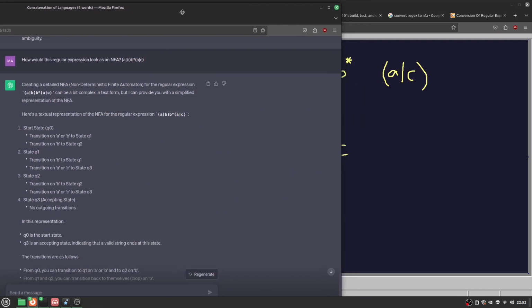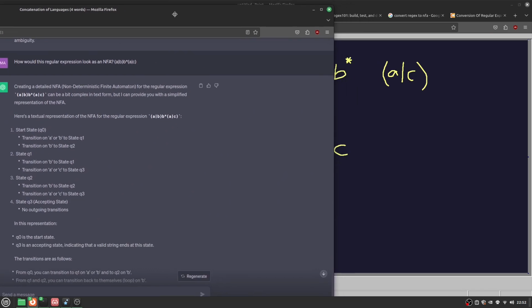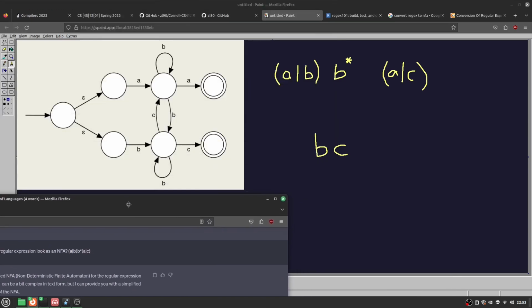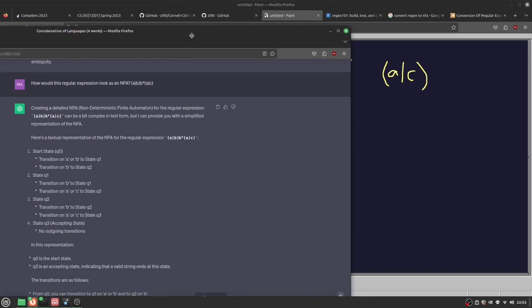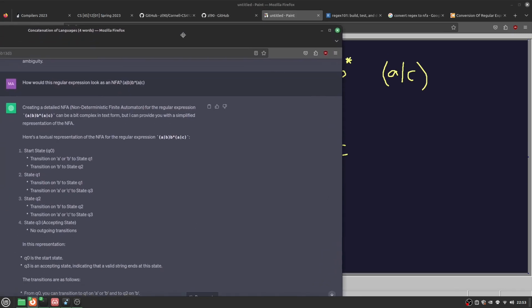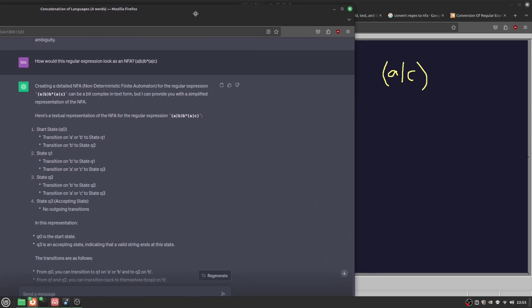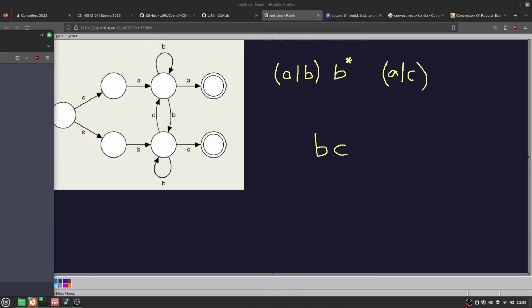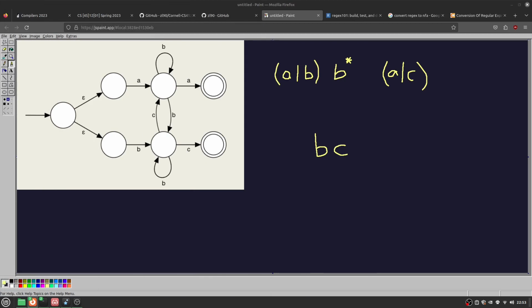Starting state Q0. Transition on A or B to state Q1, transition on B, state Q2. Either I'm completely wrong or it is. Maybe a bit of both.